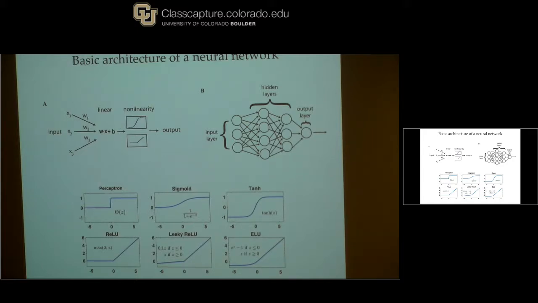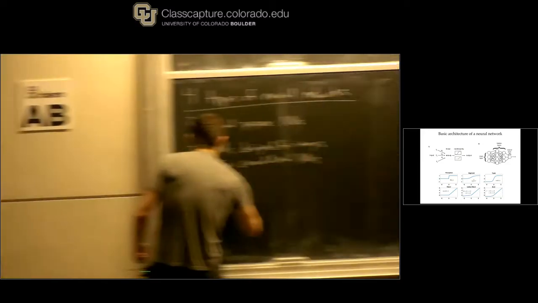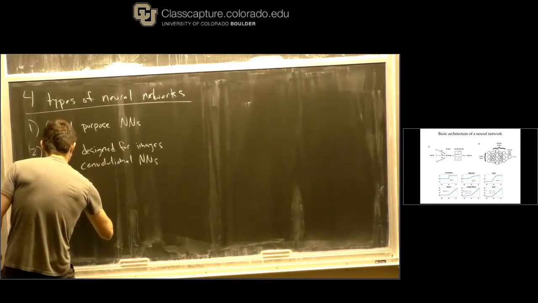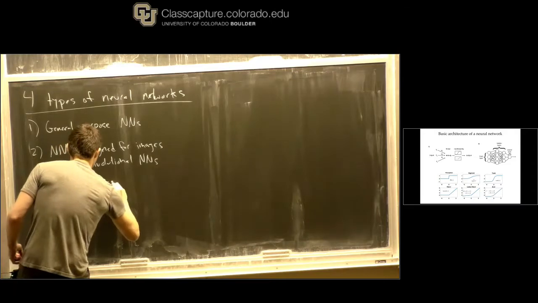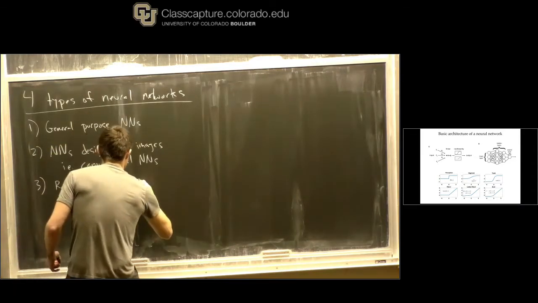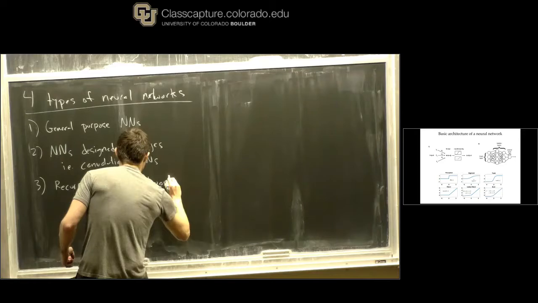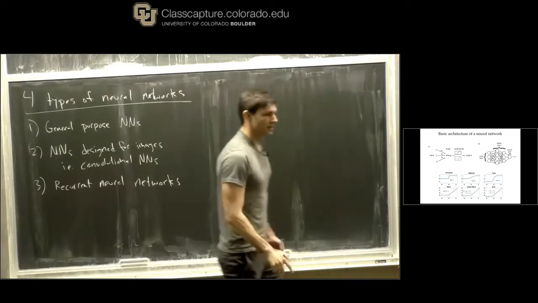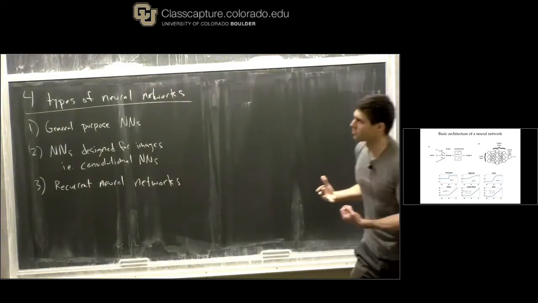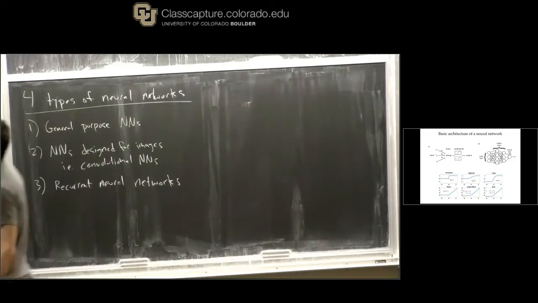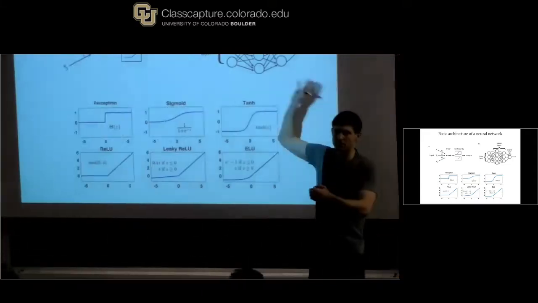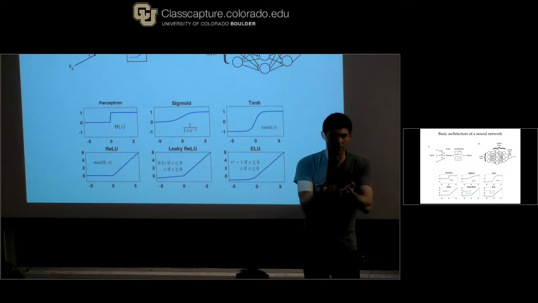A third type, which has a similar flavor in a sense, is called recurrent neural networks. These are neural networks where you imagine that you just have a population of neurons, and there are no layers in the neural network itself.